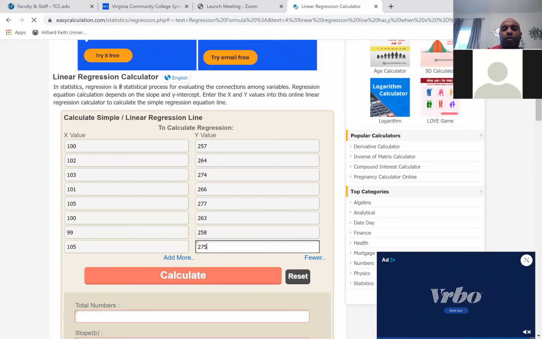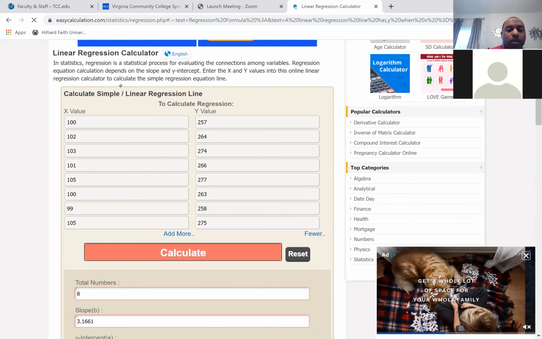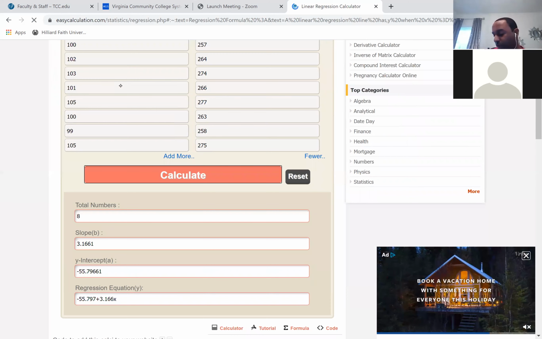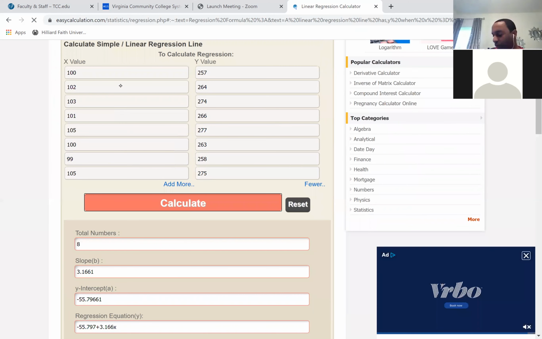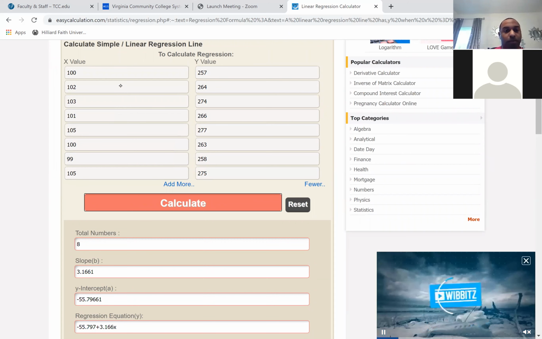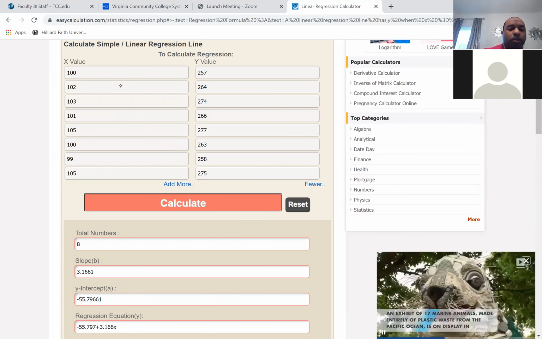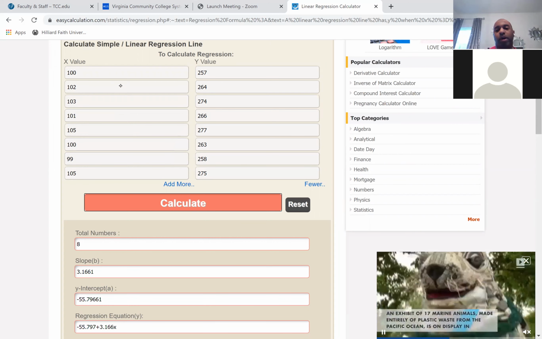All right, so just like before, we just type in the data values and hit calculate. And I didn't even check to make sure I'm still straight, 57, 64. Okay, so that's our regression line down at the bottom.